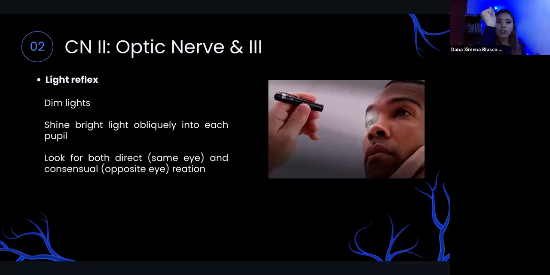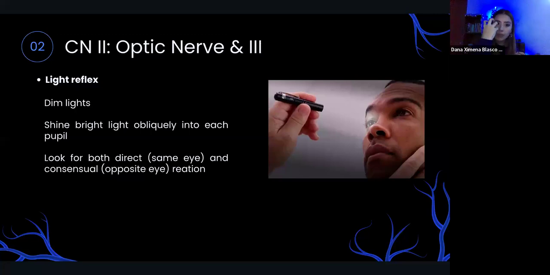So you're going to have your flashlight over here, and maybe do this to one pupil. And at the same time, you have to examine the other pupil. Why? Because you have to see the consensual reflex, that both pupils are reacting to the same stimulus.